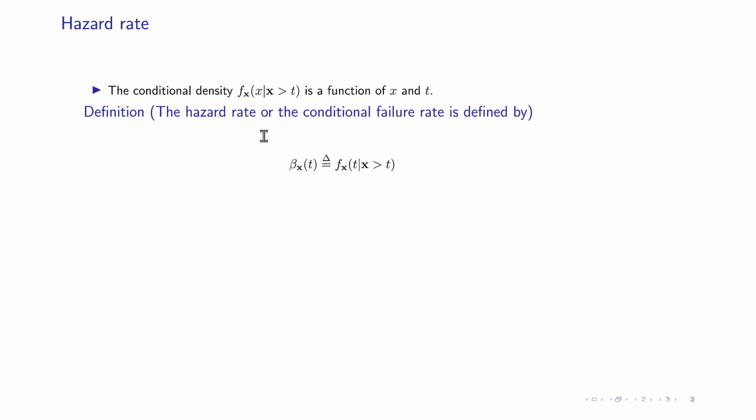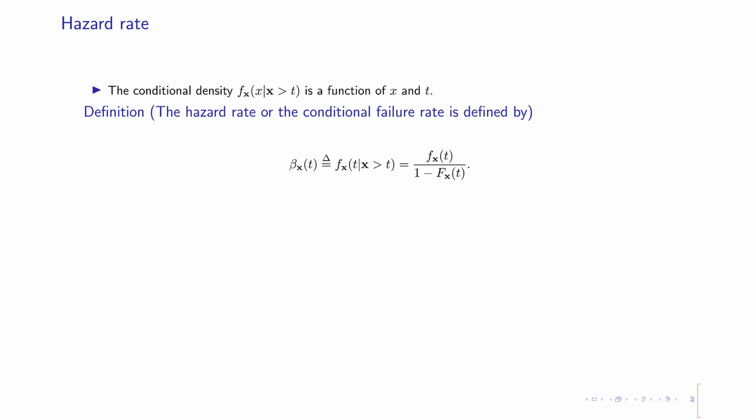The hazard rate is defined if you replace both x and t by t. So the first argument, which is not t, you also put t. So hazard rate means just the value of the PDF around t, that is, in the vicinity of t, what is the density of having a failure, or the rate of hazard.